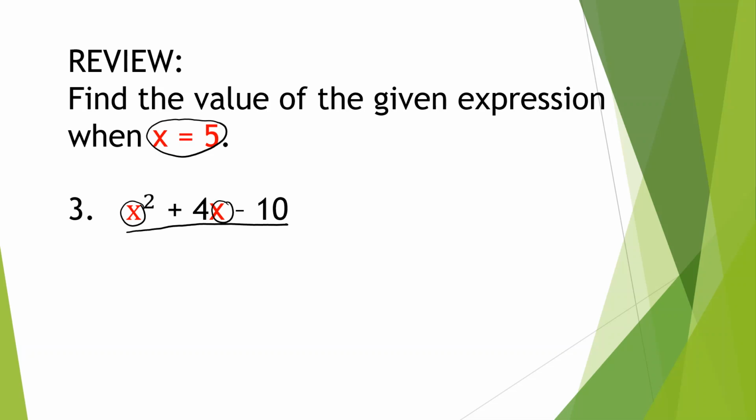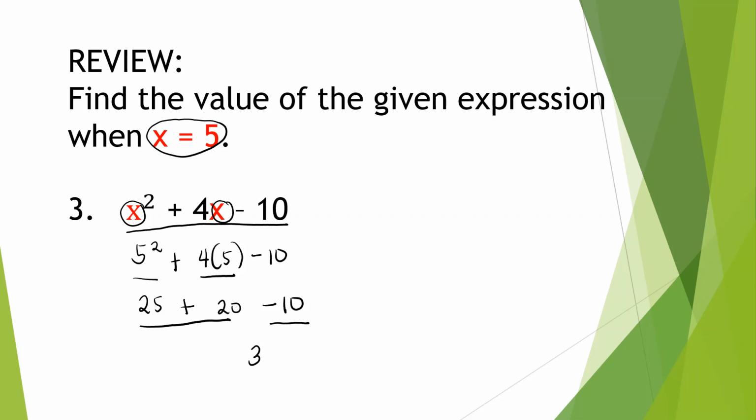This will become 5 squared plus 4 times 5 minus 10. 5 squared is 25. 4 times 5 is 20. So we have plus 20 minus 10. 25 plus 20 is 45. Minus 10 is 35.